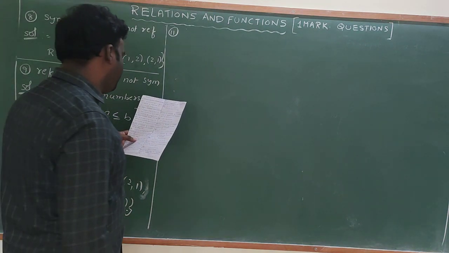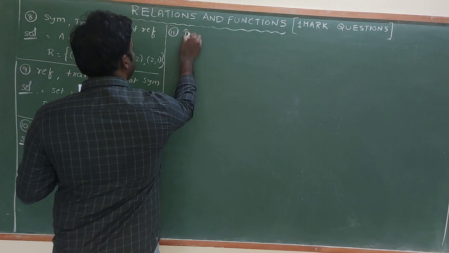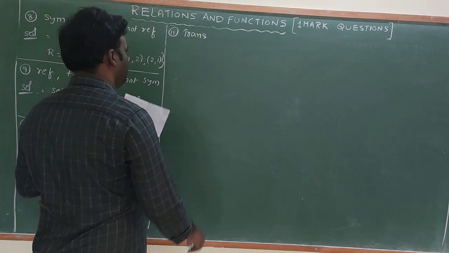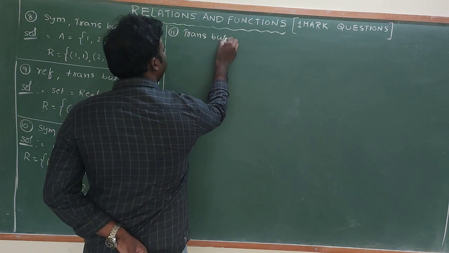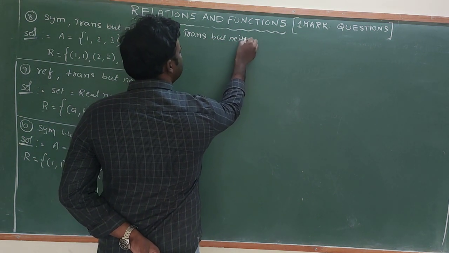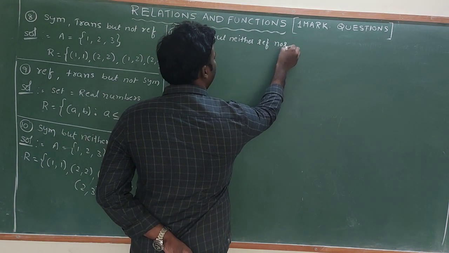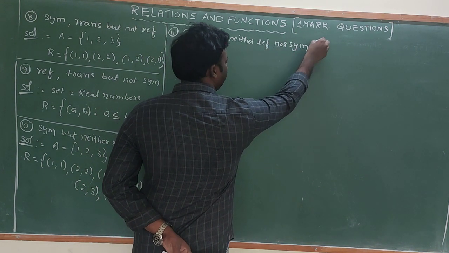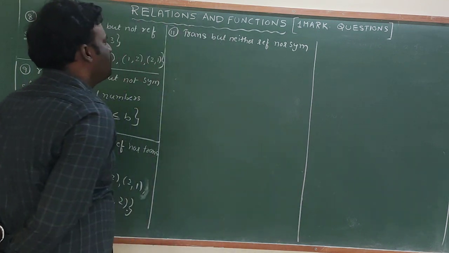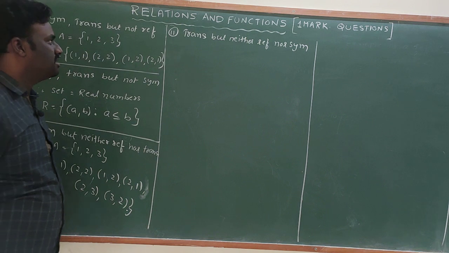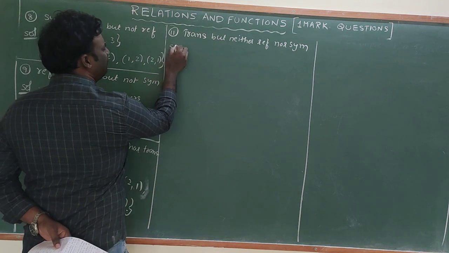Give an example of a relation which is transitive but neither reflexive nor symmetric.